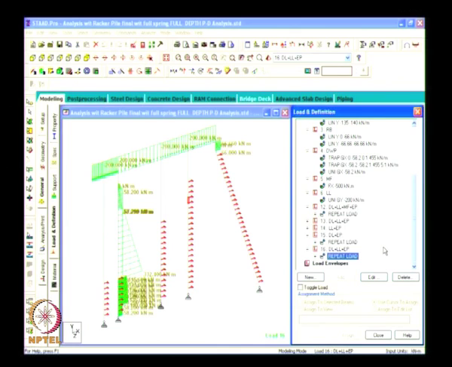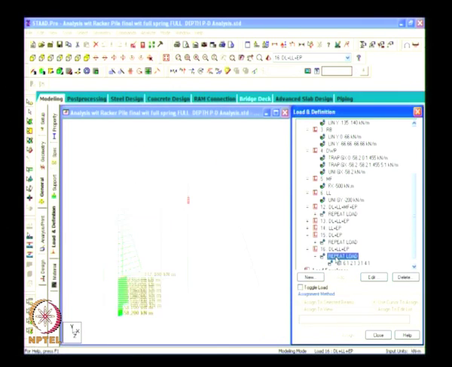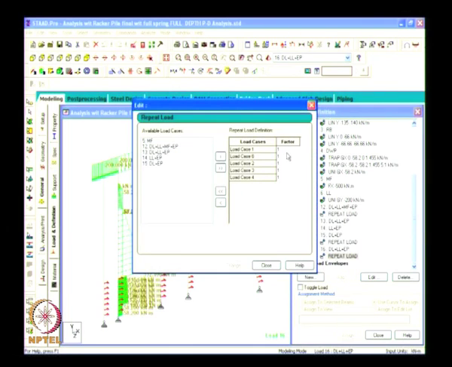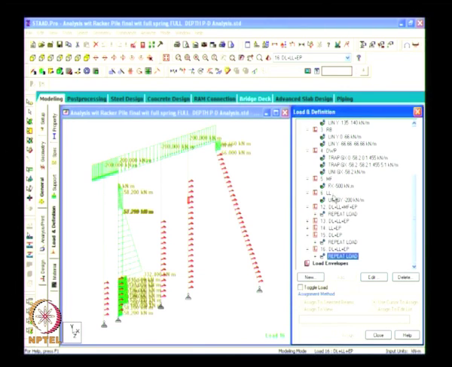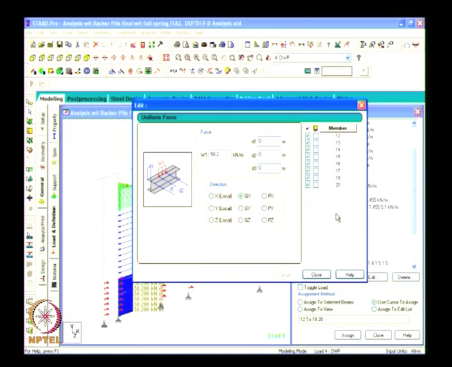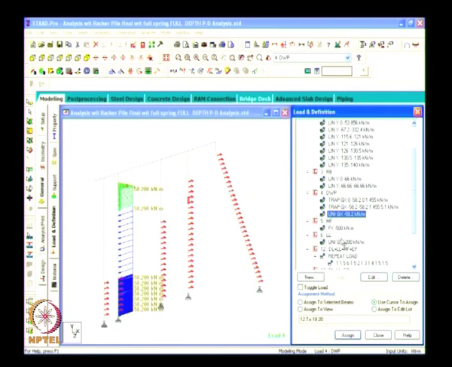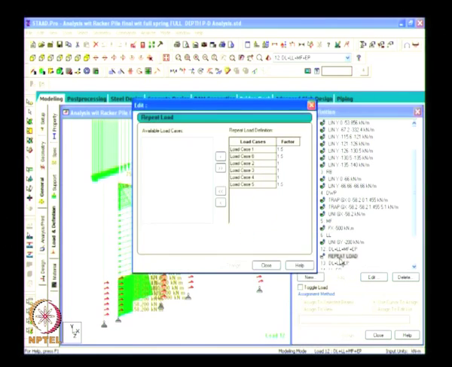The load factor is limit state load. So this is one such load combination.